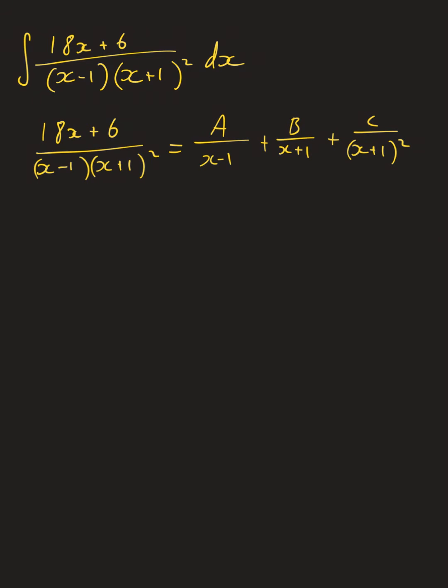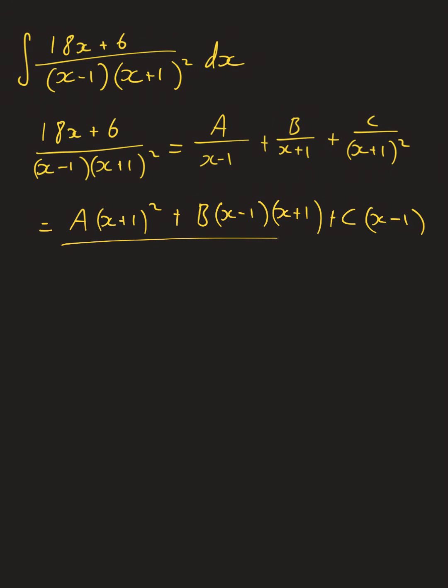So when I add up that fraction on the right, I'm going to have a times x plus 1 squared plus b times x minus 1 times x plus 1 plus c times x minus 1 over x minus 1 times x plus 1 squared.